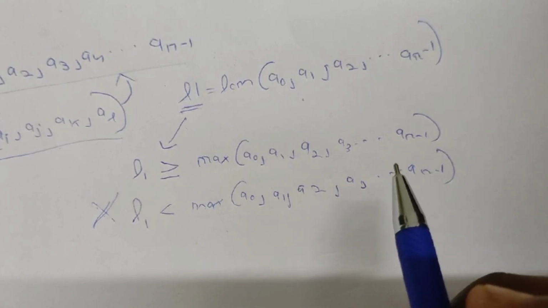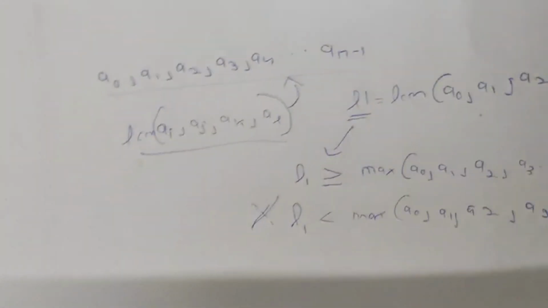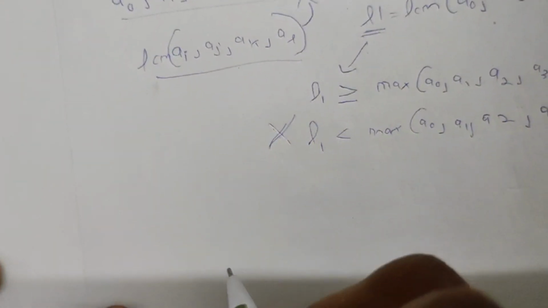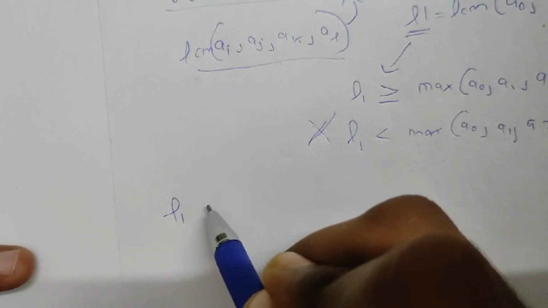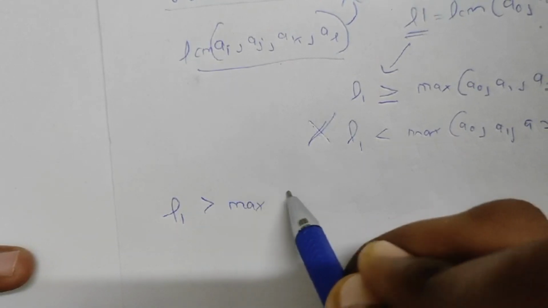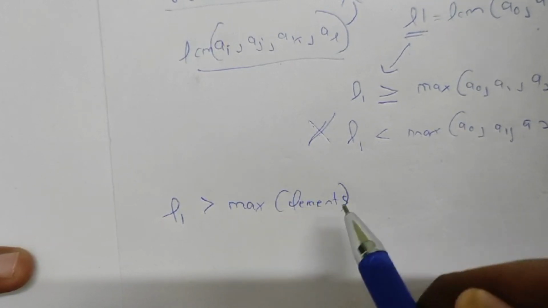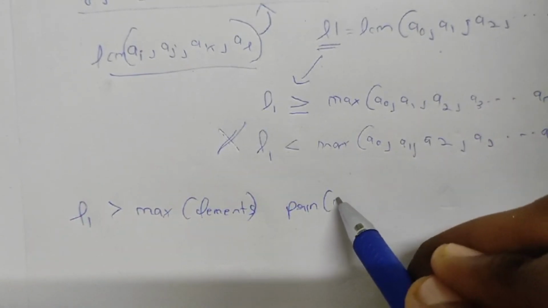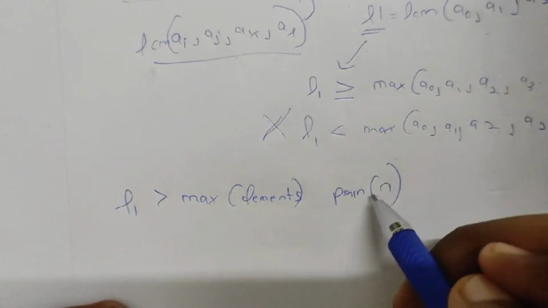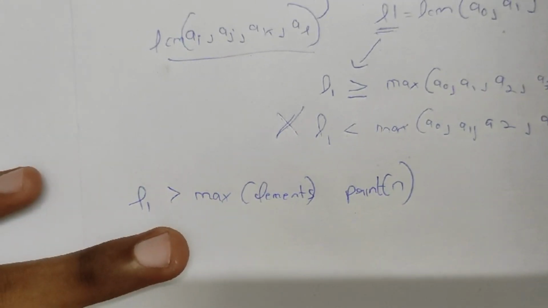So for the first condition, if L1 is greater than the max of elements in the array, we directly print n, the length of the original array. Now we have to solve for the second condition.